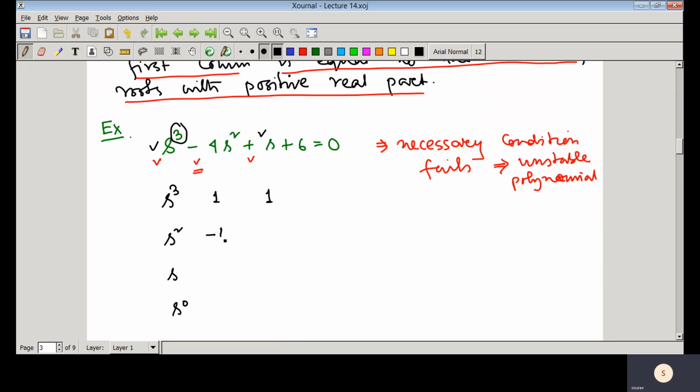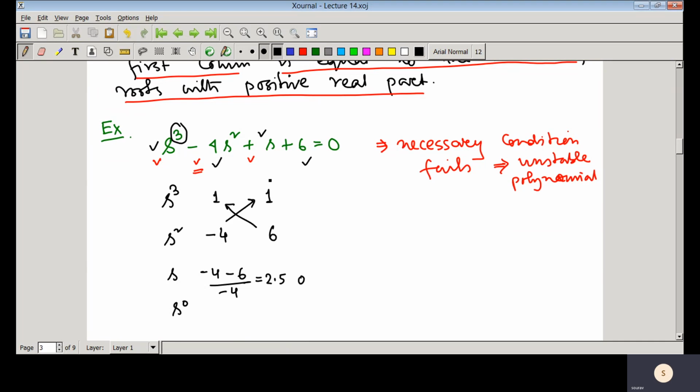This is 4 and this is 6. Here this is -4 and this is 6, and then multiply it. So that is -4 and minus of -6 divided by -4. So this value is coming 2.5.